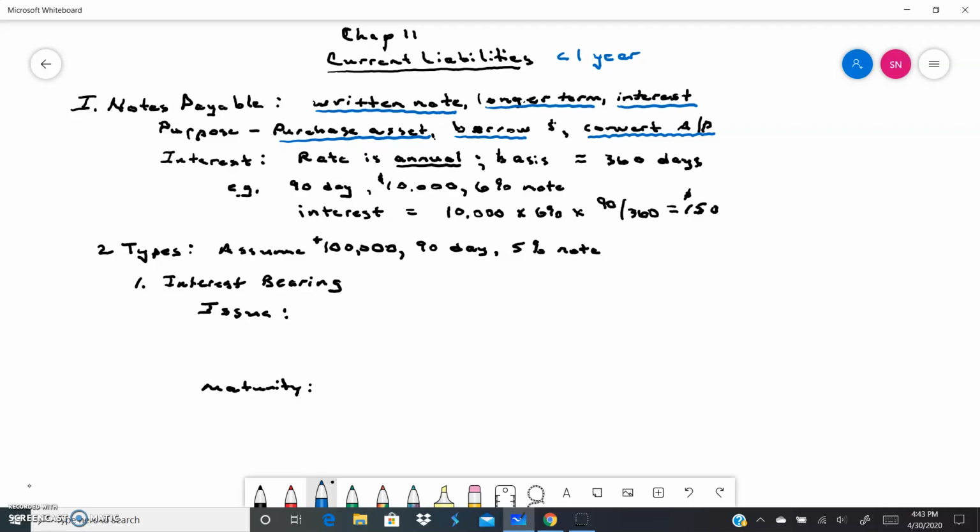So let's talk about interest, because that is one of the concepts of the note payable. The rest of it, I think, is pretty straightforward. Whenever we talk about an interest rate, and this is for anything, the interest rate on a credit card or a mortgage, any type of investment, what we're talking about is the annual rate. It might even be, let's say, a 6-month CD.